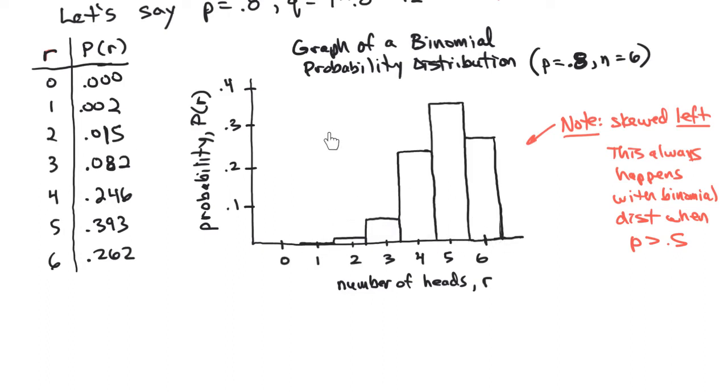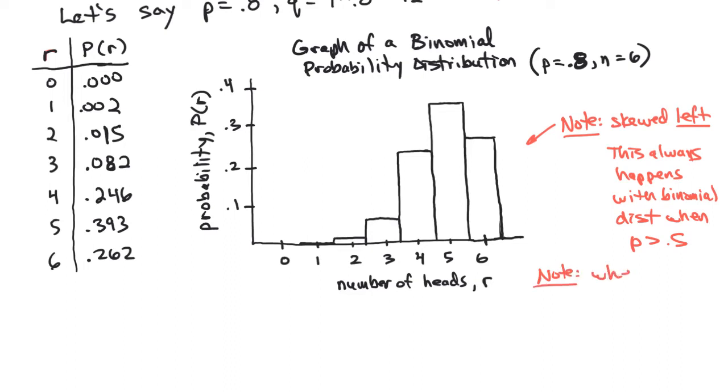So in that case, the bulk of the probabilities are over here, and it will skew to the right. Okay, so I'm not going to do one like that because you can kind of see it just thinking the opposite of this, but we'll say this. When P is, well, let's just write it down, make it official here. Make another little note here.